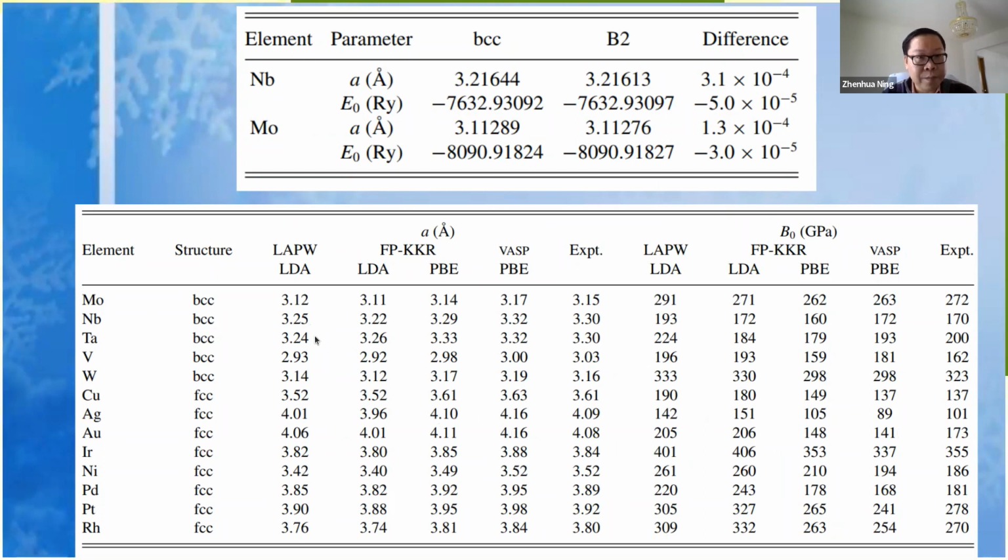This column is the LAPW full potential LAPW result for the lattice constant of this material, and then these two columns are the LDA results and PBE results by FPKKR, and this column is the result by WASP. The result shows that FPKKR is not bad.